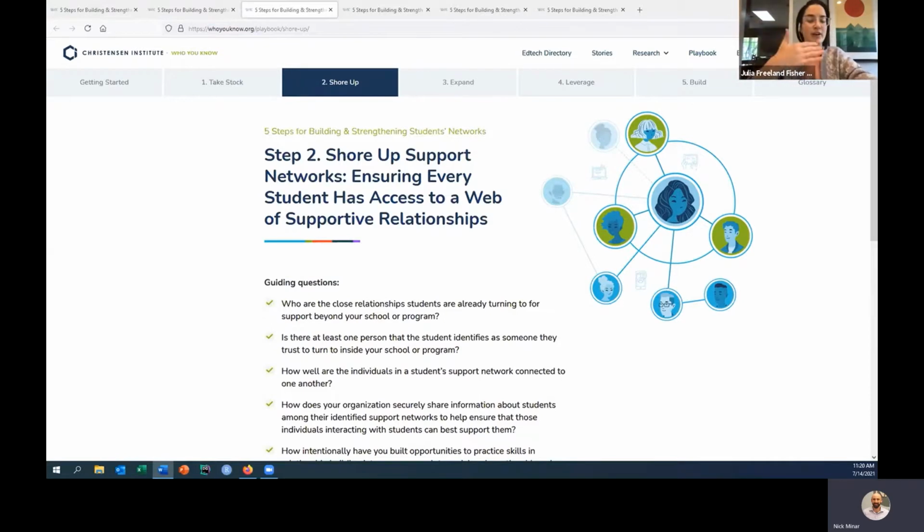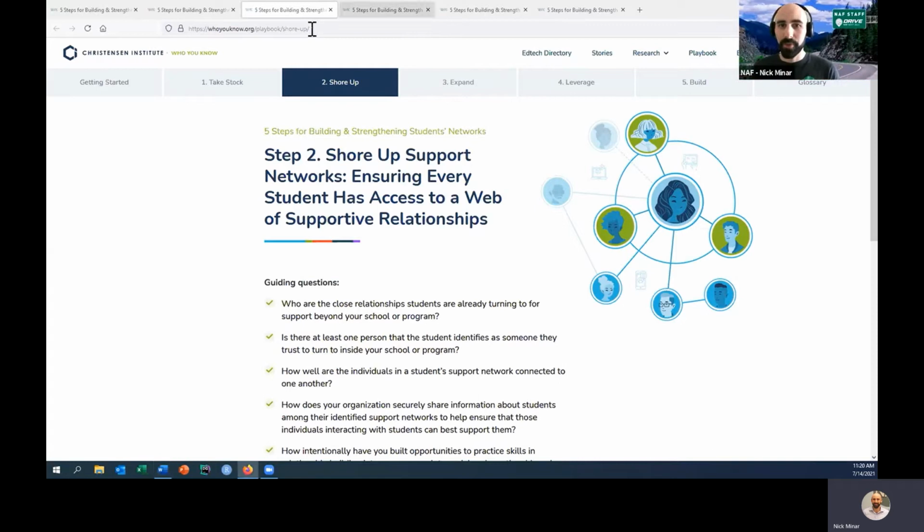They're closer in age and experience, and they may therefore be more trusted. So really think broadly about who could be a member of that web, and think in an asset-based way about who already is there that students are leaning on, even if that may not be a formal member of your staff or team.